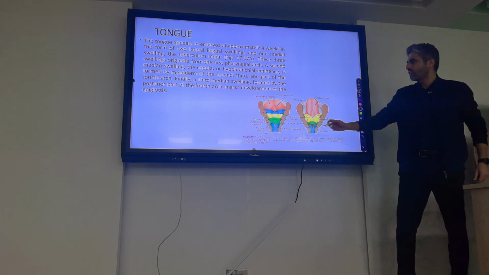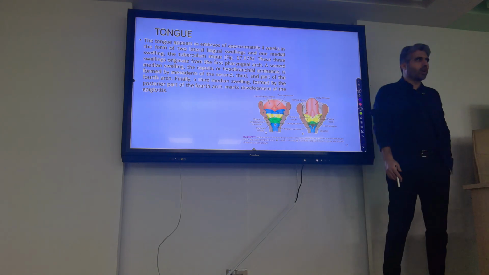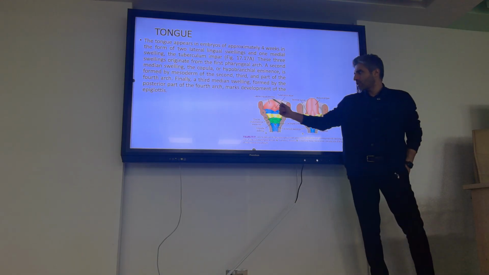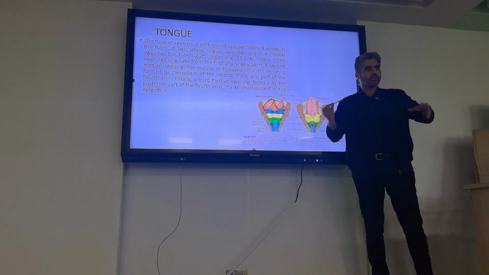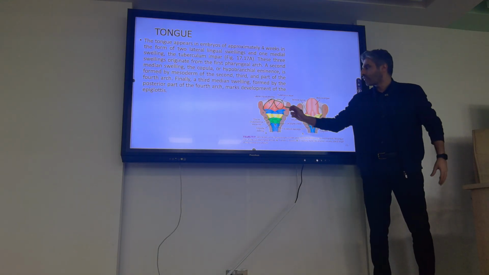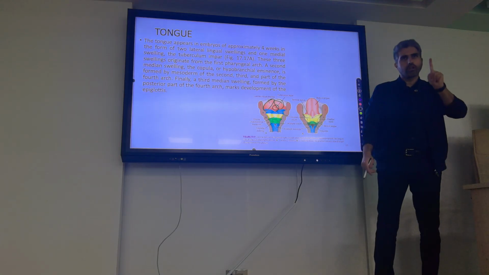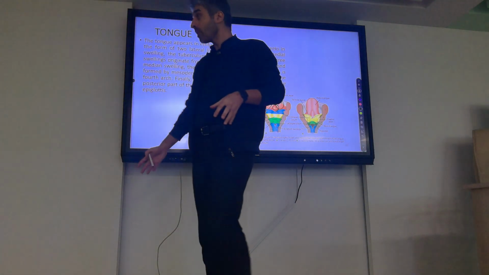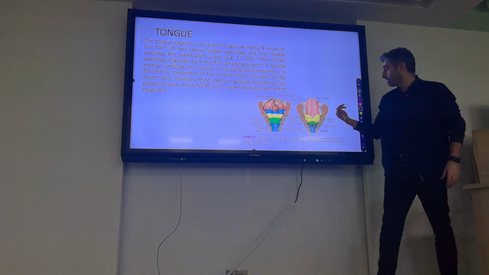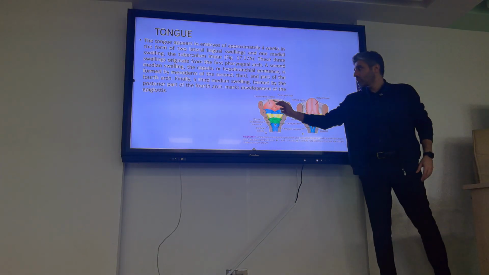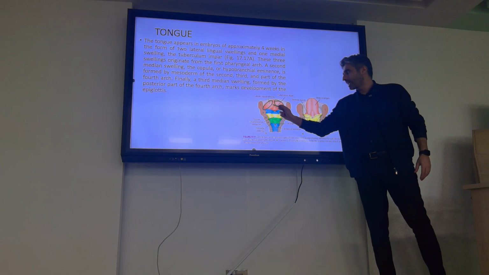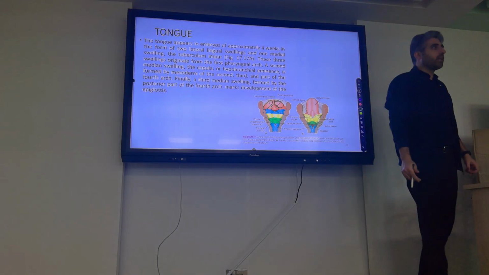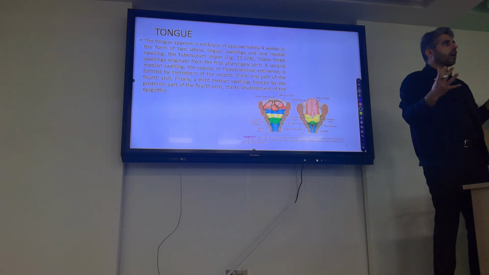For example, look at here, the first arch in the tongue has 2 lateral lingual swellings and 1 tuberculum impar. Impar means single, 1. So these 3 parts in the tongue, 2 lateral lingual swellings and the tuberculum impar, are from the first arch.